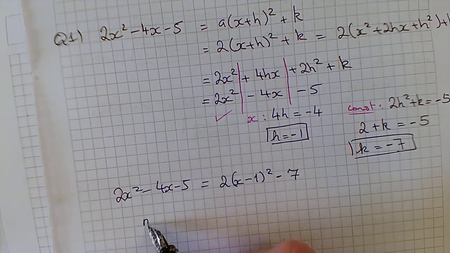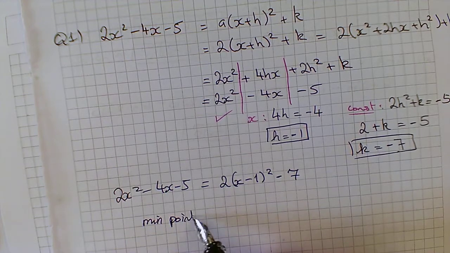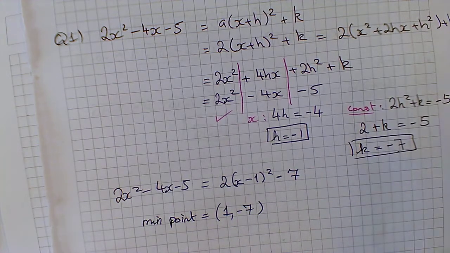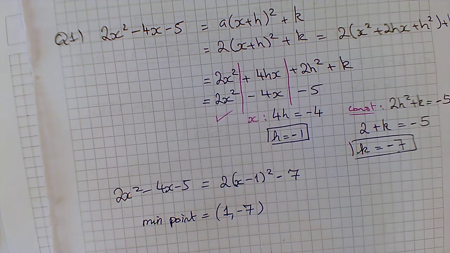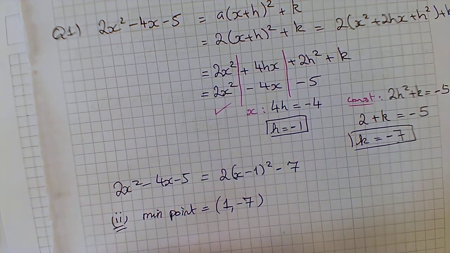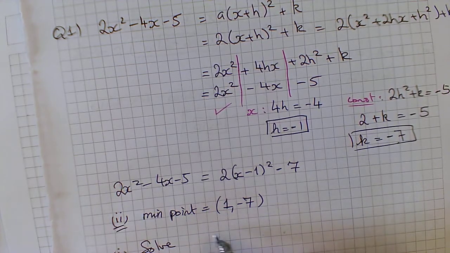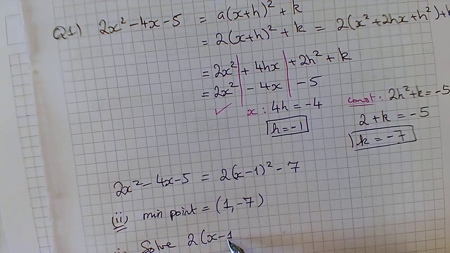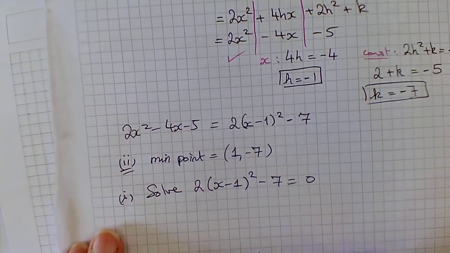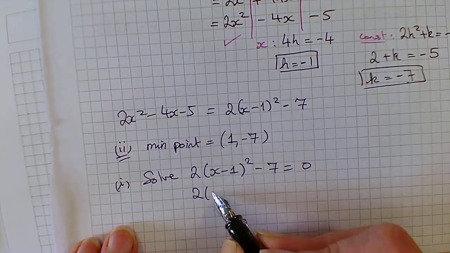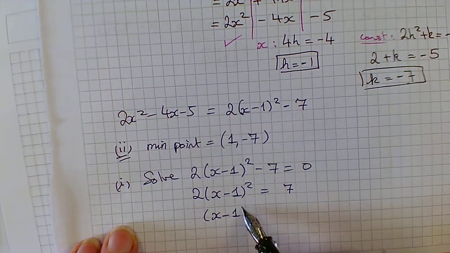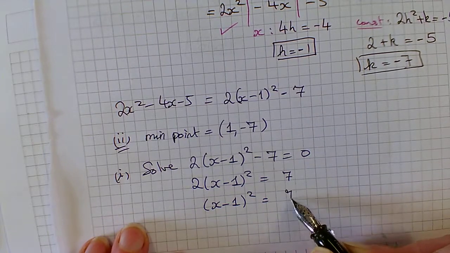And then I know that my minimum point is going to be, I change the sign of the 1 in brackets and I don't change the other sign. So they asked us to find the minimum point of the curve. That was part 2. I just wrote it down now. And they also asked us to solve this equation equal to 0. So 2 bracket x minus 1 squared minus 7 equal to 0. And we're going to use the trick we did the last time. So 2 bracket x minus 1 squared equals 7. X minus 1 squared is 7 over 2, or 3.5.